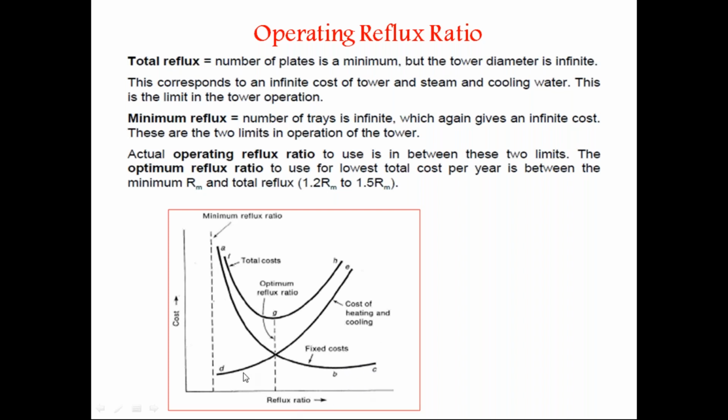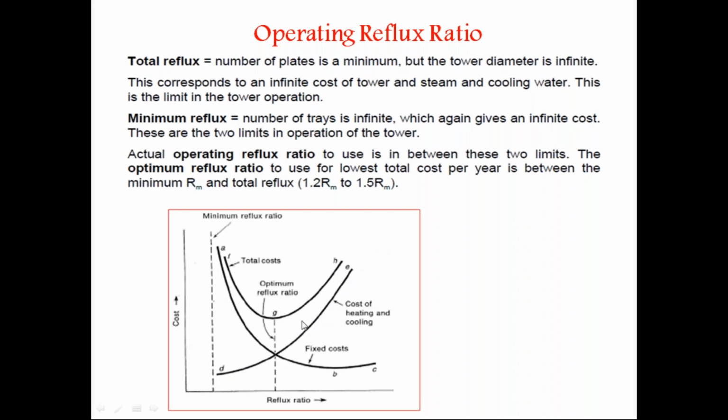Okay, and similarly, if you see the operating cost, because of low reflux ratio, the condenser duty and reboiler duty will be very low, then the pumping cost is also very low, so the operating cost will be very low. Then when the reflux ratio is increasing, you can see that the cost of heating and cooling and pumping will go on increasing.